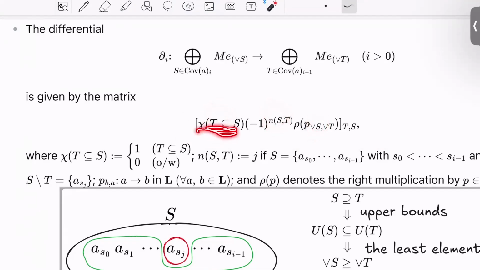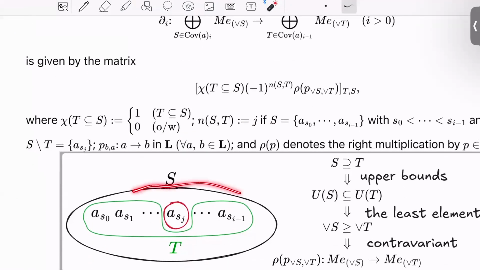The first one is easy: it is 1 if T is a subset of S, otherwise 0. A non-zero entry assumes that T is a subset of S, the cardinality of S is i, and the cardinality of T is i minus 1. So one element is missing from S.